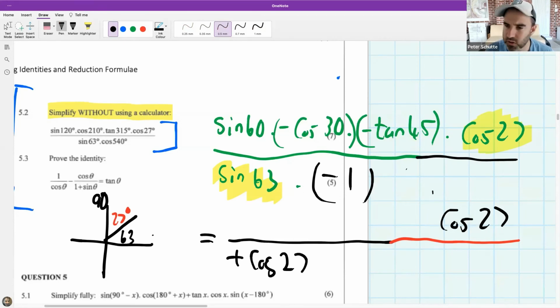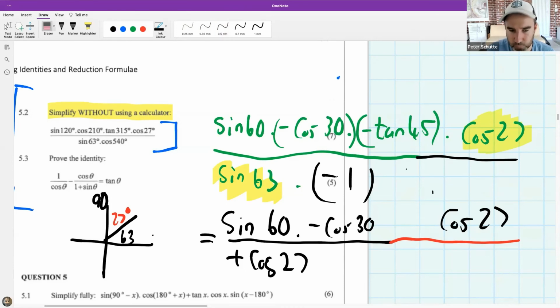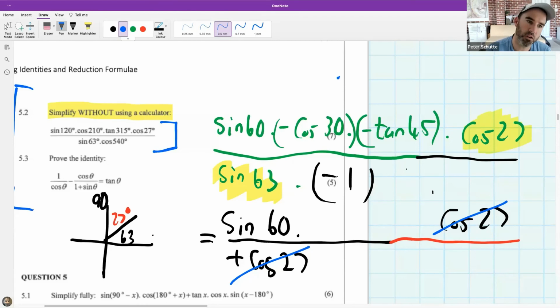Why would it be so helpful? Yeah, so it cancels the top one, exactly. And so this is going to cancel that. Now, all we're left with then is the sine of 60, and you can cancel those. If it's exactly the same thing on the top and the bottom, it will be equivalent to 1.